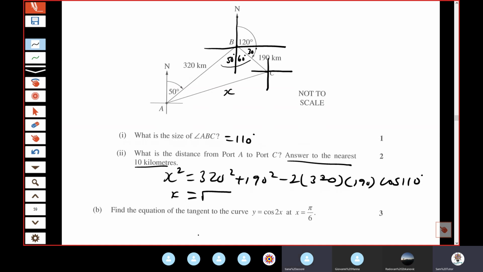I got 424 kilometers. What does it mean to round to the nearest 10 kilometers? So the nearest 10 kilometers, that would mean 420 kilometers. That's it. Okay. Why couldn't they just have said the nearest kilometer? Because some students don't understand the whole idea of the 10 kilometers.